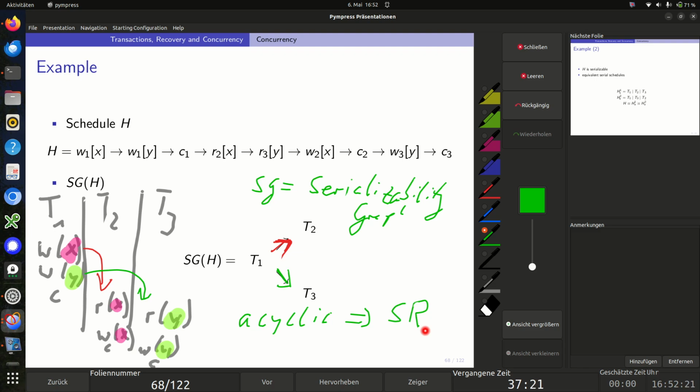And what would be the serialization orders here? As I said, there would be one order for the 3 transactions in one way, or more than one way. Which would be the first transaction that must happen?